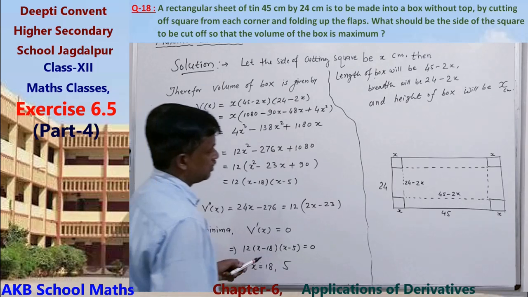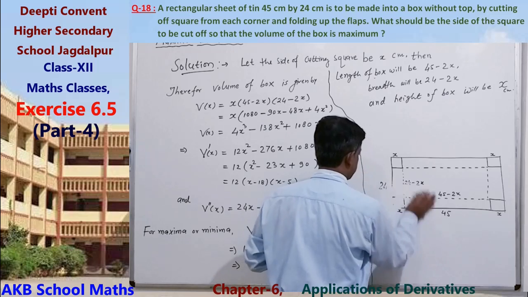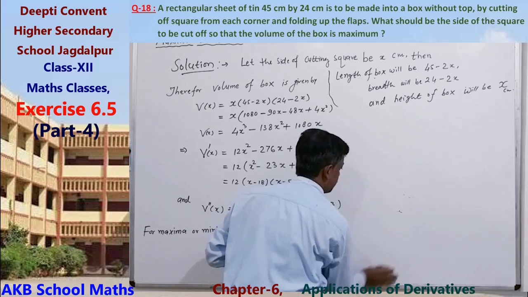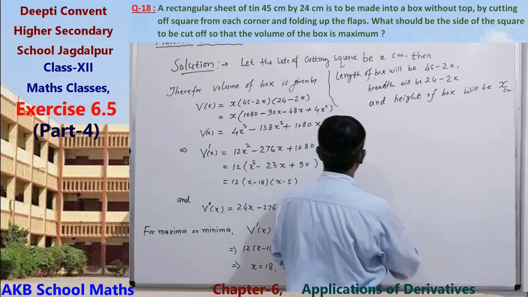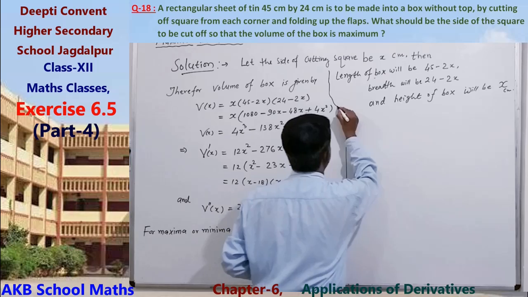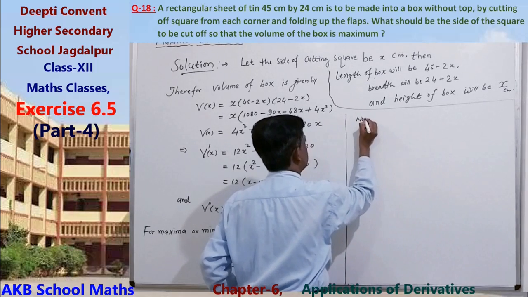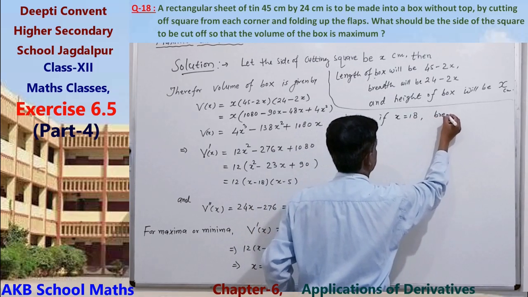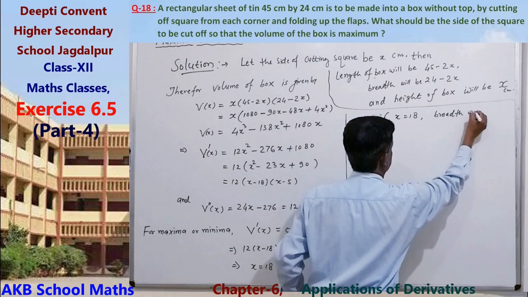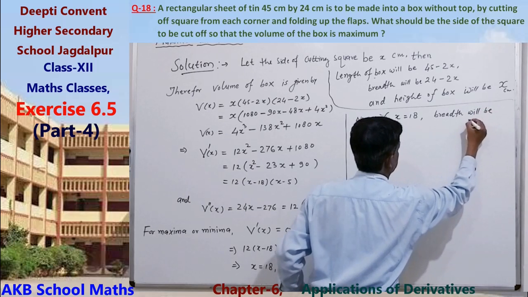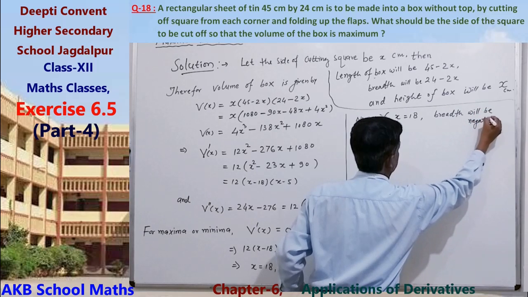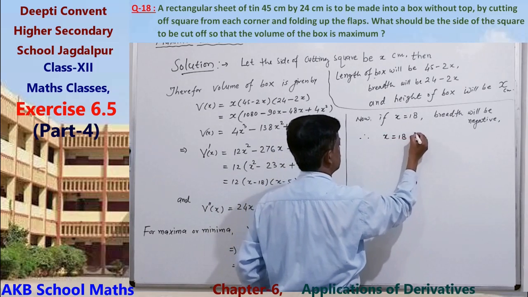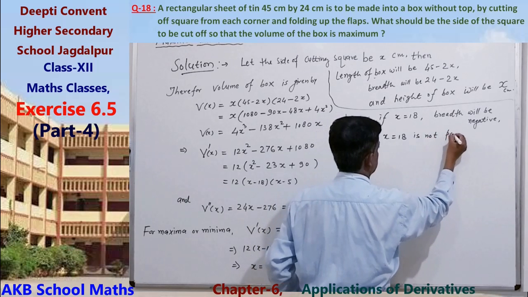Now, if x equals 18, breadth will be negative. Therefore, x equal to 18 is not possible.